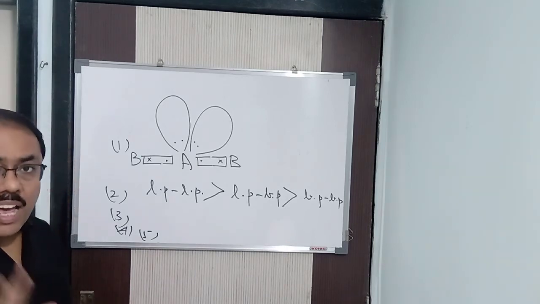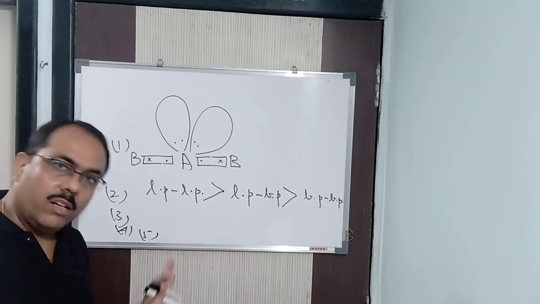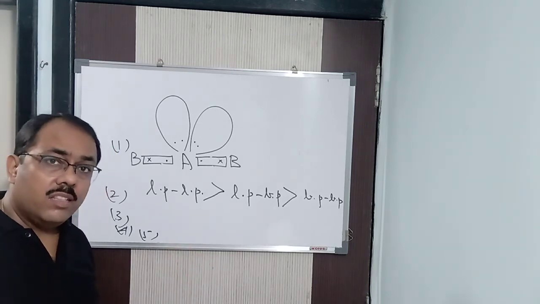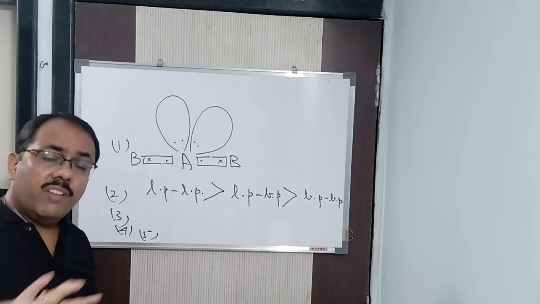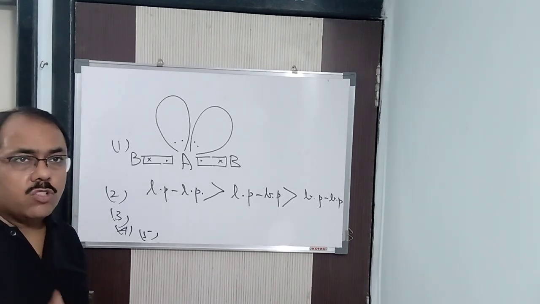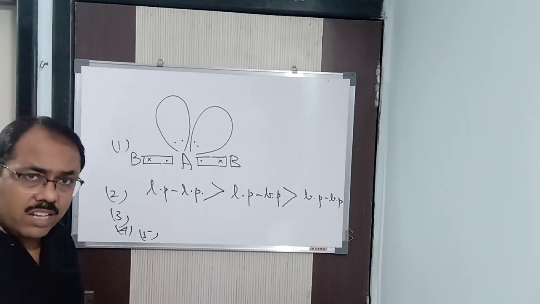To have minimum repulsion and maximum stability, they will go far apart from one another. They will arrange themselves in such a manner that the force of repulsion among them is minimum.